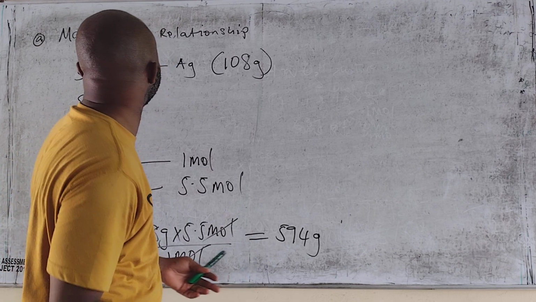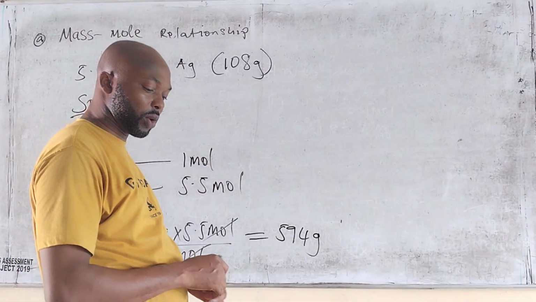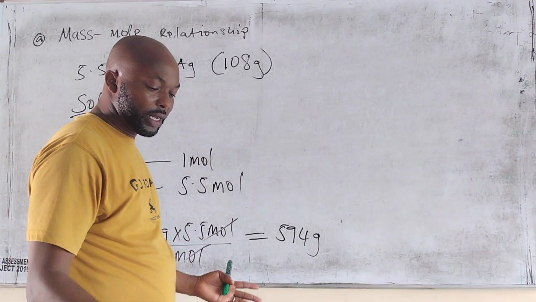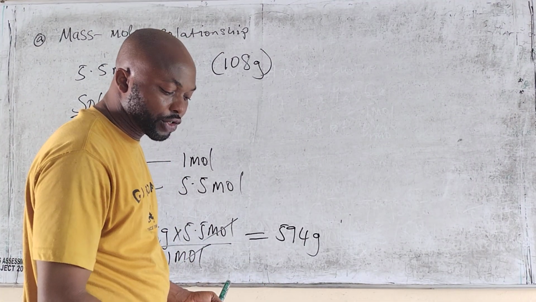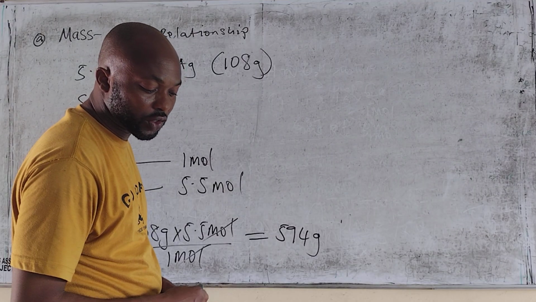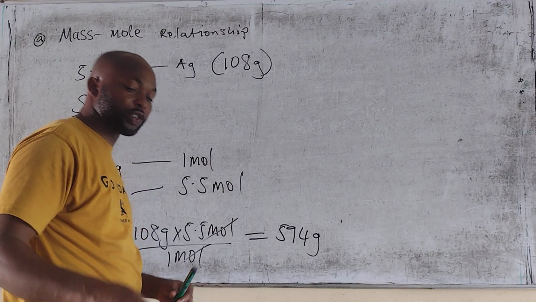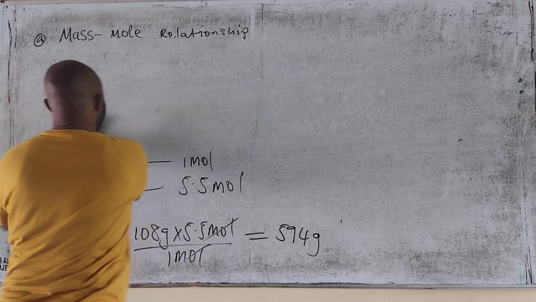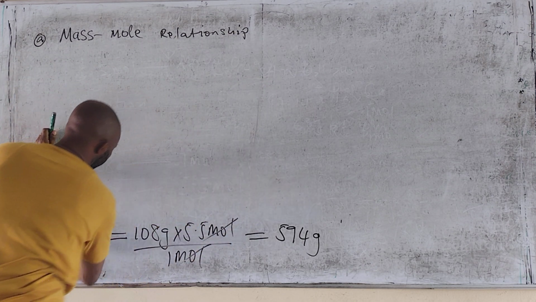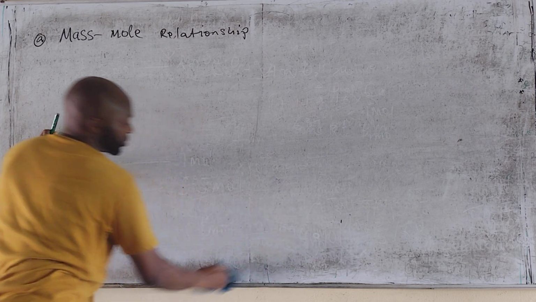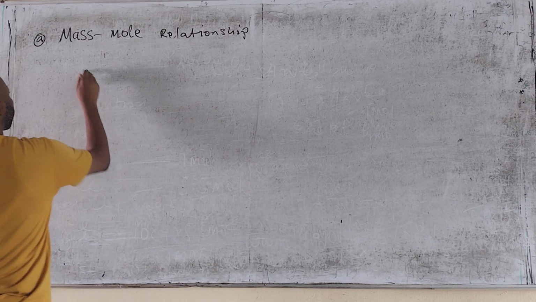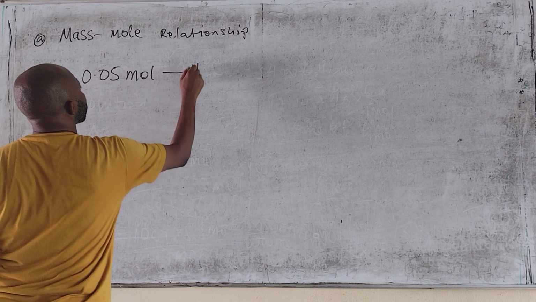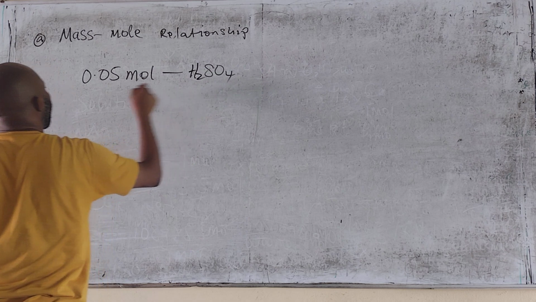So we've taken our first question. We're still on mass-mole relationship. Let's take the second one. Calculate in grams, which is mass, the mass of 0.05 mole of tetraoxosulfate 6 acid, H2SO4.